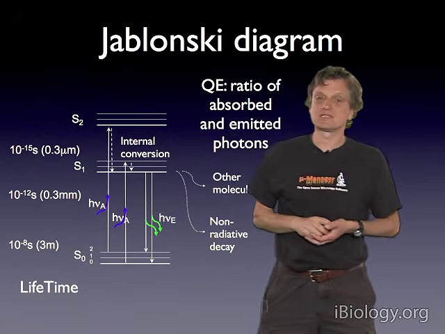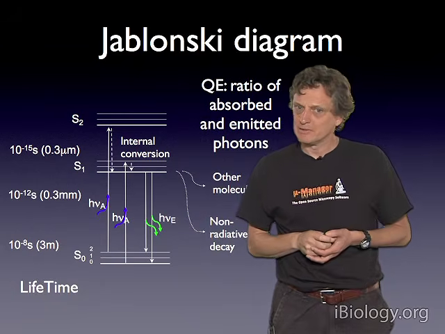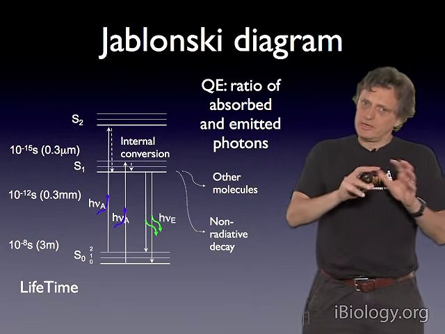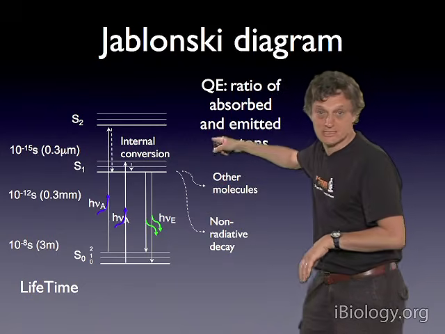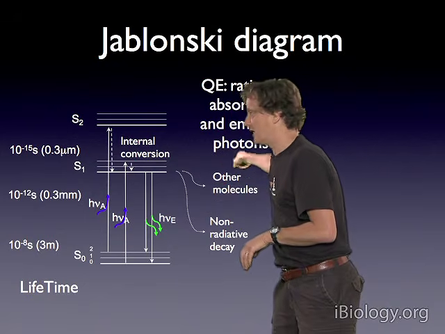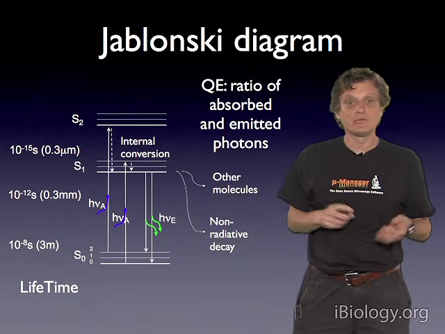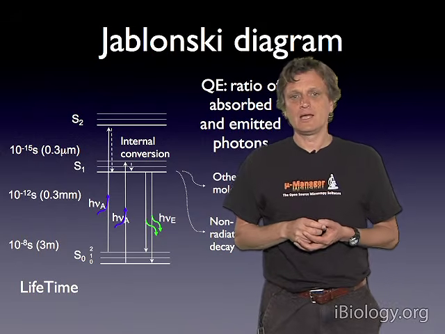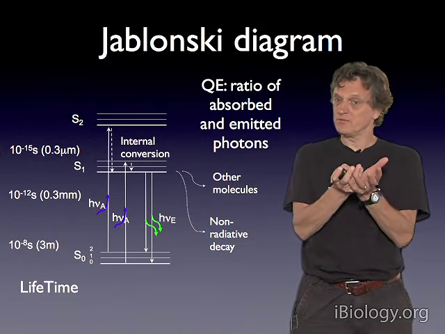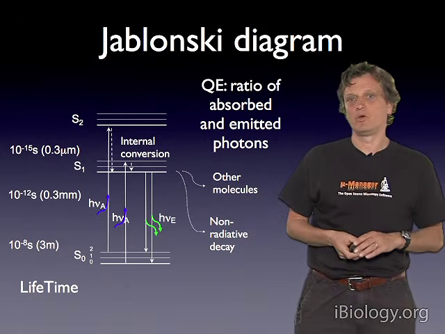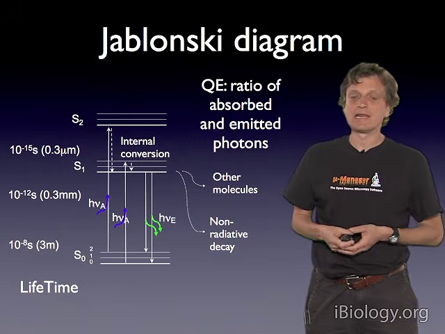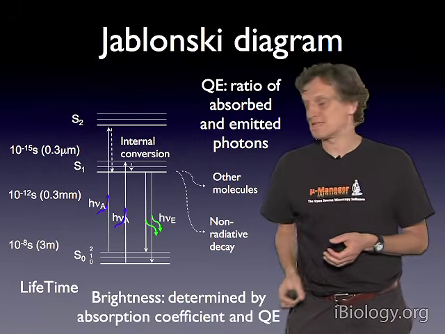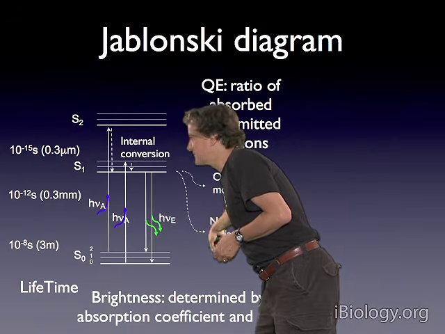The quantum efficiency is a very important parameter of the dye. It not only depends on the dye itself, it also depends on its environment, for instance, what other molecules are around the dye. But nevertheless, quantum efficiency is something you want to know and that you want to measure, or that you want to be told what it is. Another important aspect is the brightness.